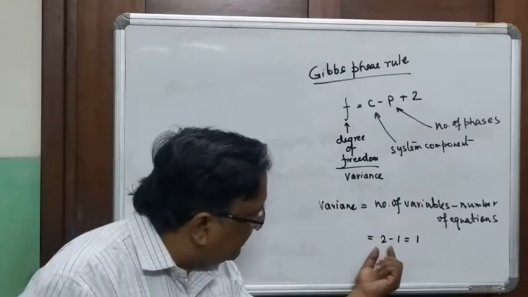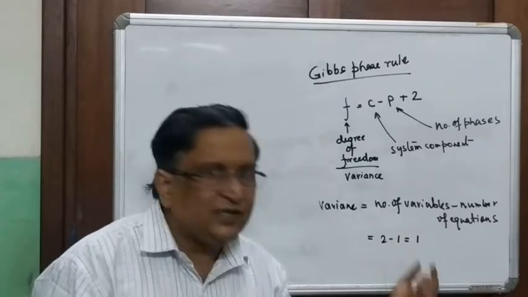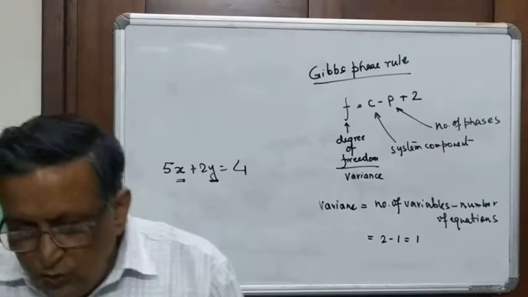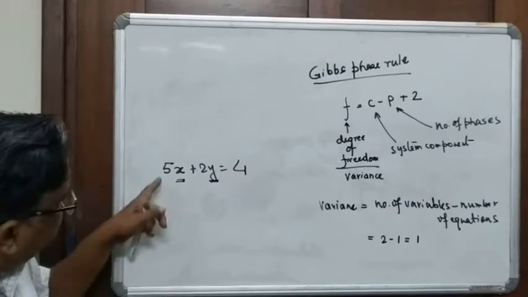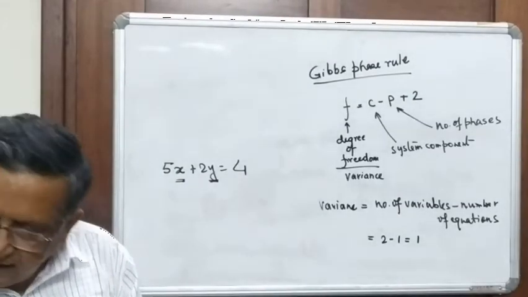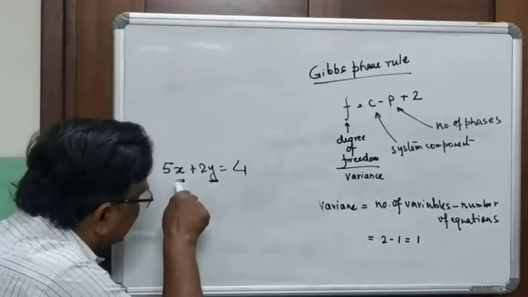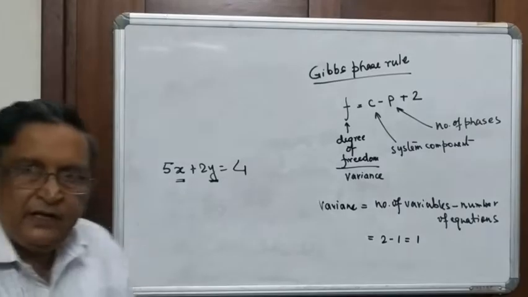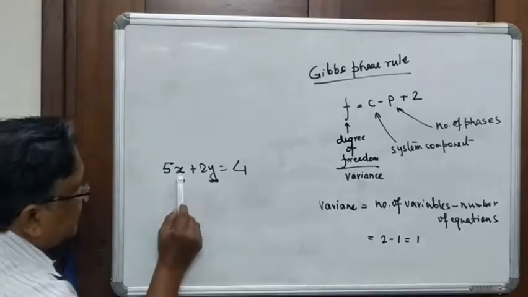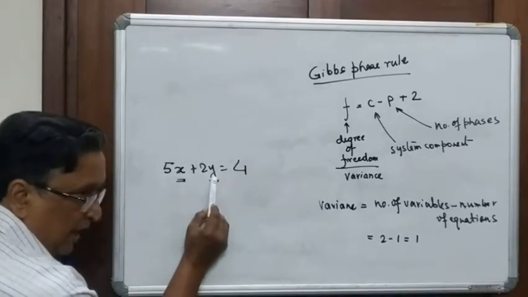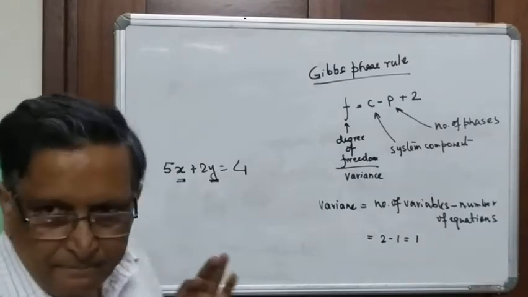If the number of variables is 2 but the number of equations is 1, you have a difference of 1, which means you need an input data. x and y both cannot be determined. You need an input value of either x or y to determine the other. Either you need a value of x to find y, or a value of y to find x.